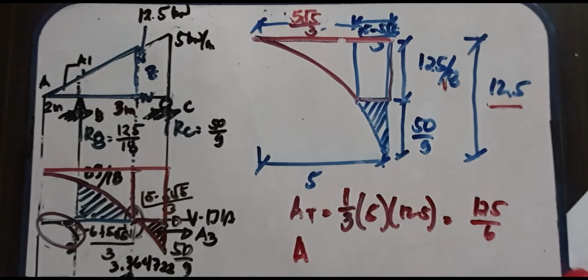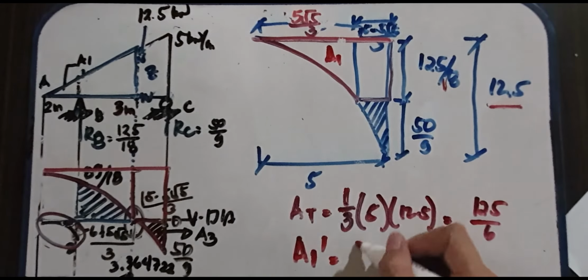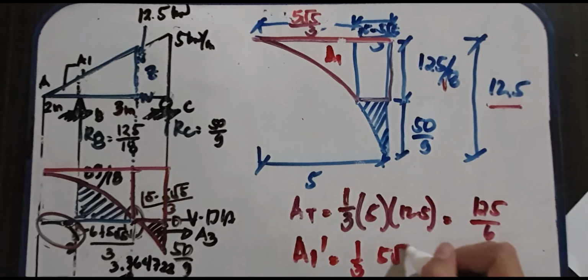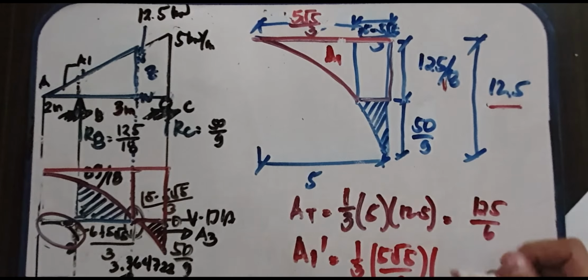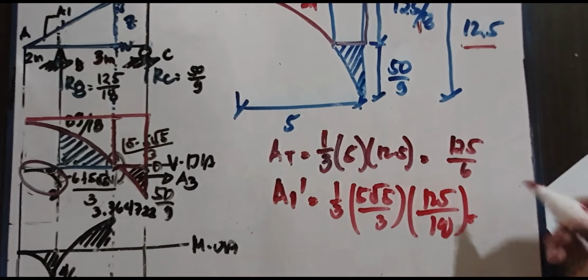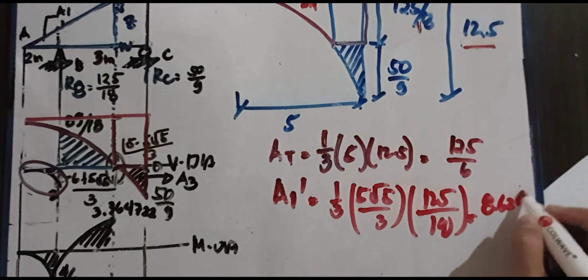Next, we have area 1 prime. This is my area 1 prime. That is equivalent to 1/3 of 5 square root of 5 all over 3. Multiplied natin ito, which is dito 5. Ito naman ay 125 all over 18. So, that is equivalent to 8.6268.